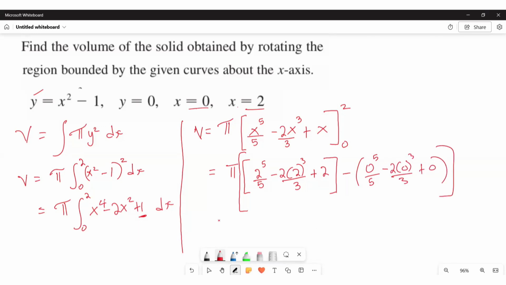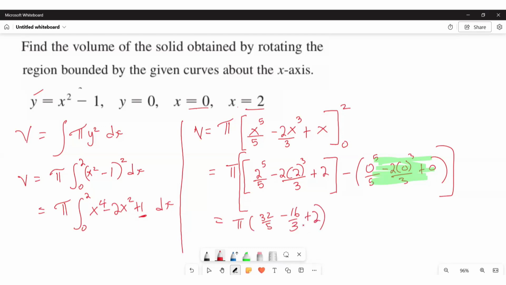The thing is, we all see that all of this becomes 0 at the back. Everything is a 0. So if we just work out these, we're good. So what we have here is pi times 32 over 5 minus 16 over 3 plus 2, right?